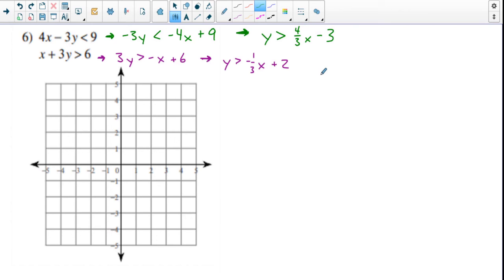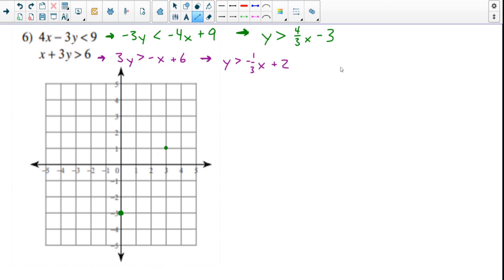Okay, so now that these are both in slope-intercept form, y equals mx plus b, they're pretty easy to graph. The y-intercept for this is a negative 3. And then the slope is going to be rise over run. So 4/3 means I'm going up 4 over 3. 1, 2, 3, 4, up 4 over 1, 2, 3. Just like that. This is also going to be a dashed line, just like the one before.